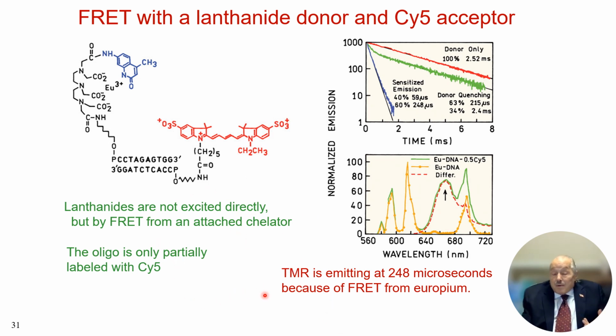They have very low extinction coefficients, so they can't be excited directly. The way they are excited is by chelating with a fluorophore. Because it's right next to the europium or terbium, you can excite that, and from there, you can get energy transfer to an acceptor.